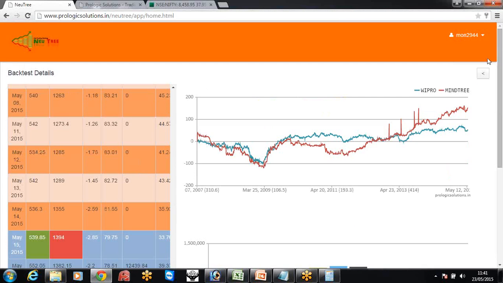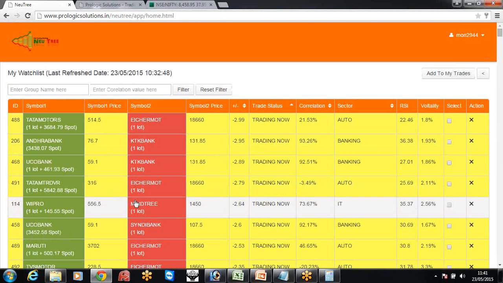You can always see, in case you're trading positional, this is a wonderful software. You should not be using it this way, but it will give you an idea of where the scripts are moving. Let's say Mindtree is short here.